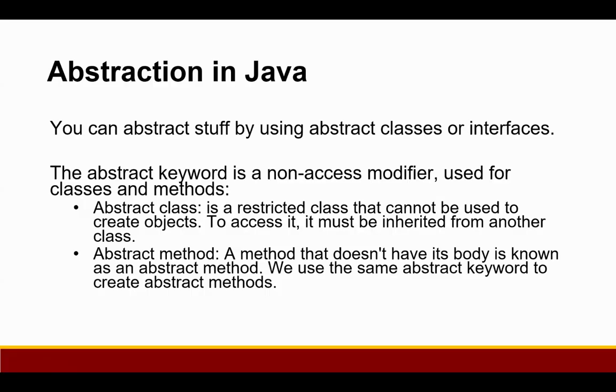Now, an analogy for abstraction is sending an email. Again, just a basic analogy. Consider the process of sending an email wherein you simply compose a message and click send.